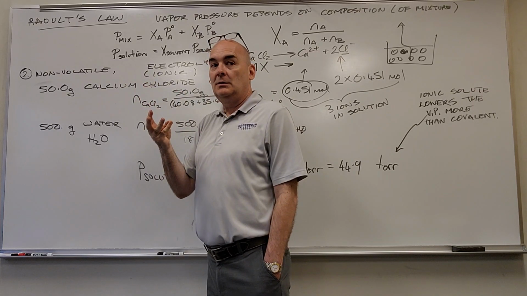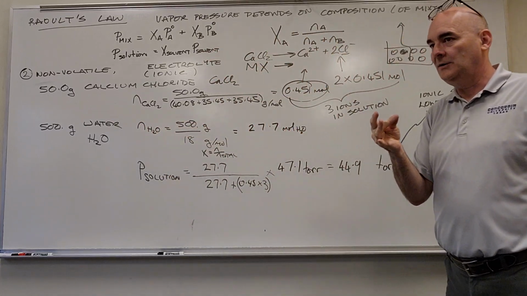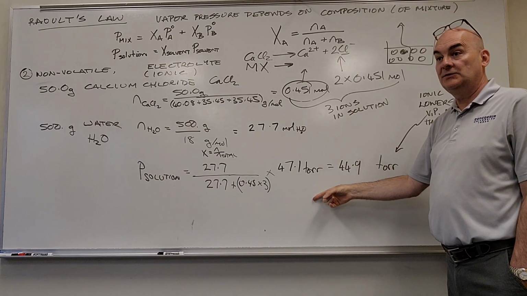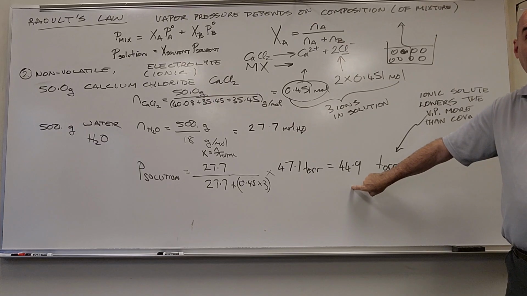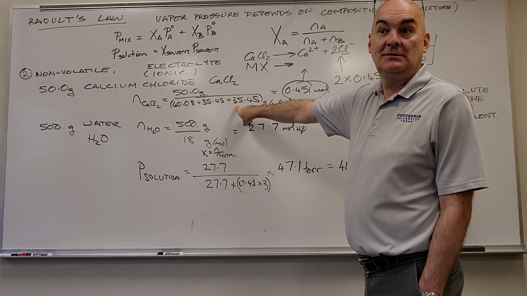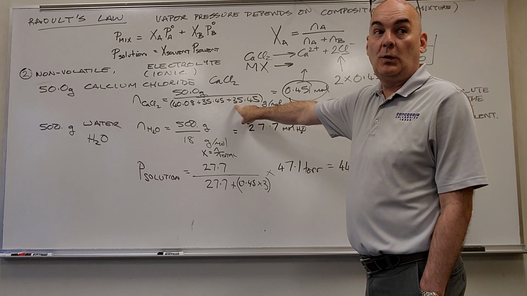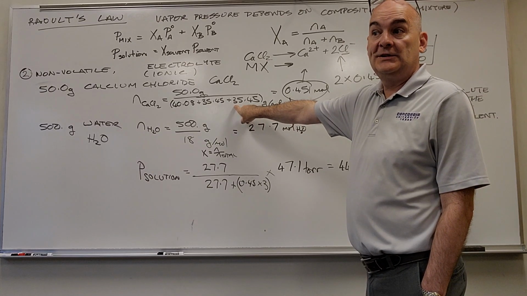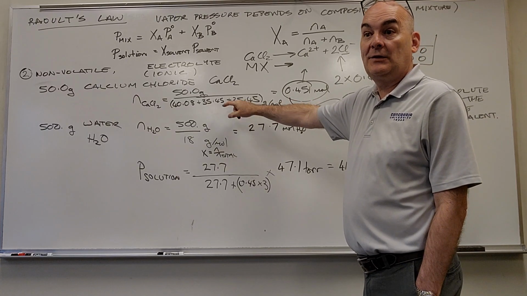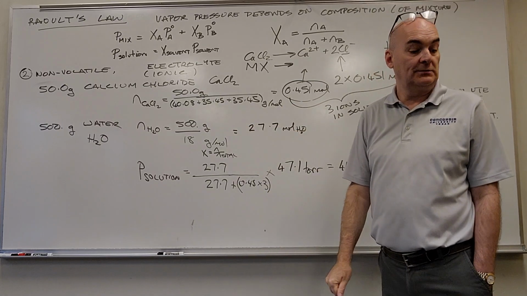So if I told you that the salt that you added was either calcium chloride, bromide, or fluoride, you'd be able to backtrack those numbers from here and tell me the molar mass that went in there. And that's what people do. They find what the depression of a freezing point is, or the lowering of vapor pressure, and from that they're able to identify what your contaminant is. Okay, we'll do one of those next time too.